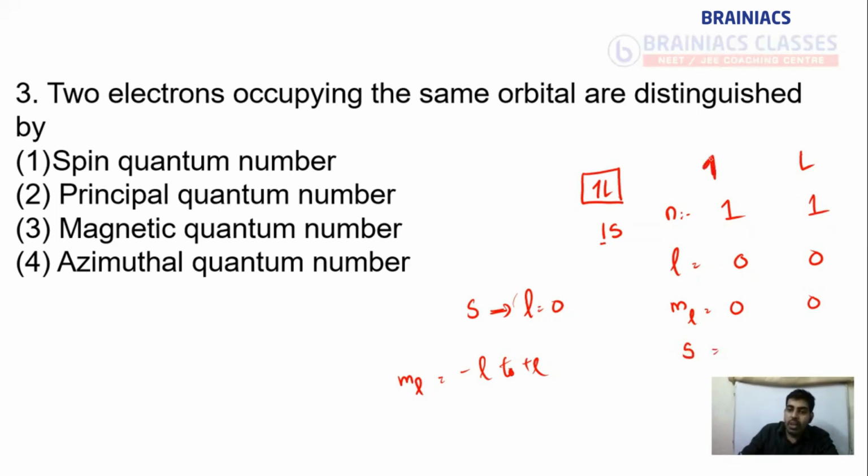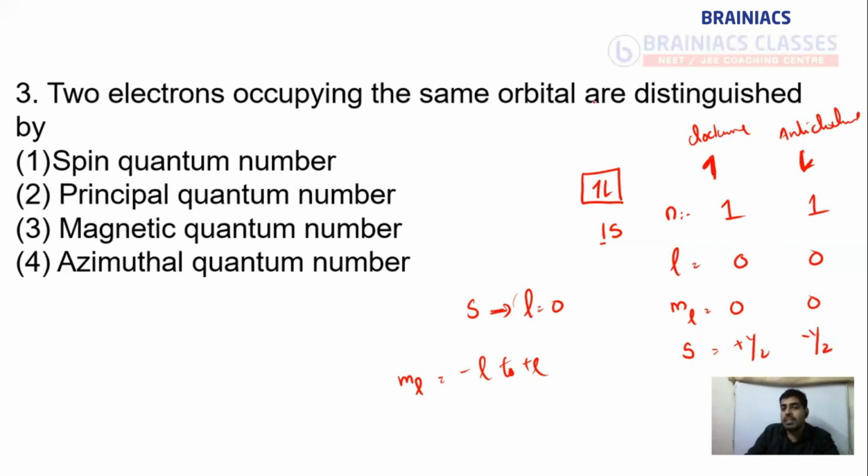This electron is spinning in the clockwise direction, and this electron is spinning in the anti-clockwise direction. So the spin quantum number for this electron is plus half. An electron spinning in the clockwise direction has plus half spin quantum number, and an electron spinning in the anti-clockwise direction has minus half spin quantum number.